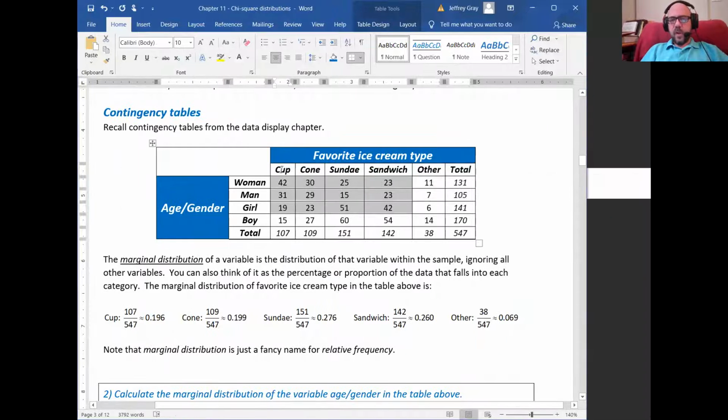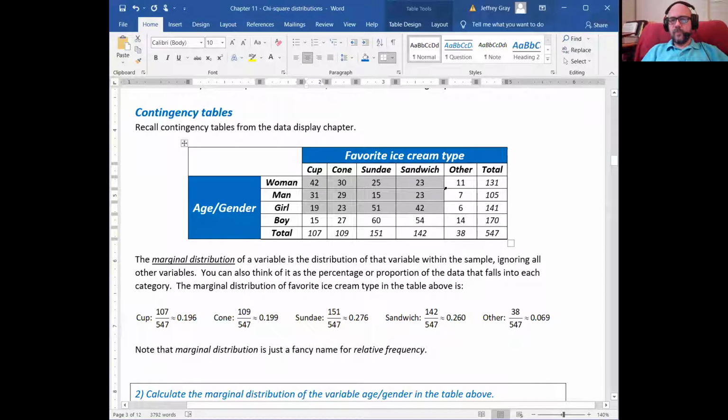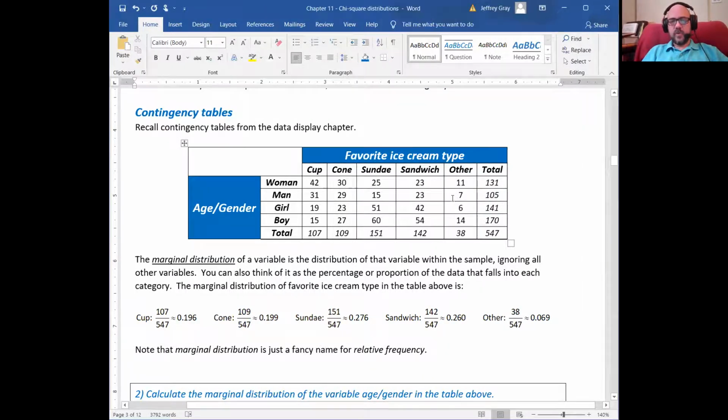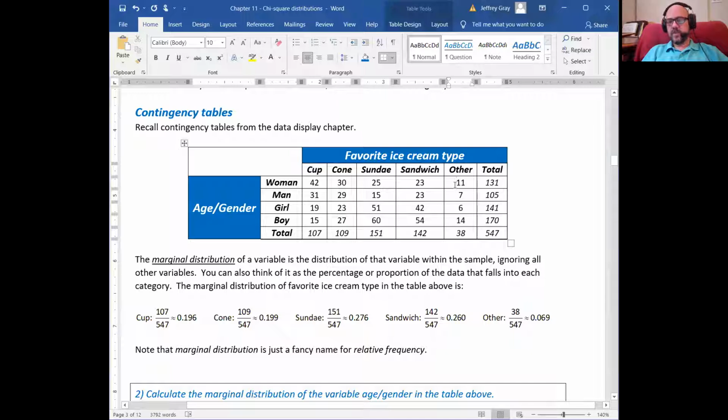And that leaves you 12 total free cells in your table, which is where you get the degrees of freedom. The reason we say these things can vary is, here's the basic idea. If we know what the total is, and we know any 4 of these things, then we can figure out the 5th one just by subtracting.